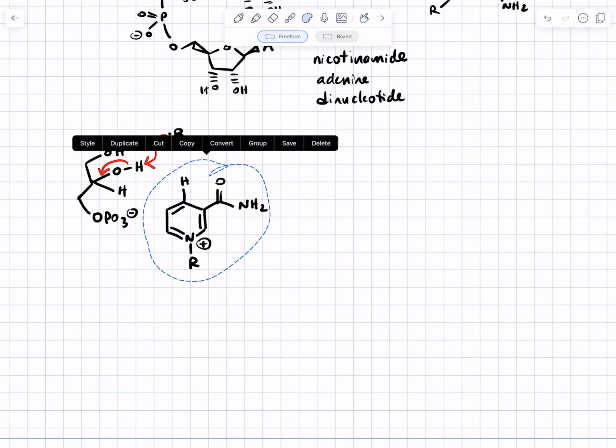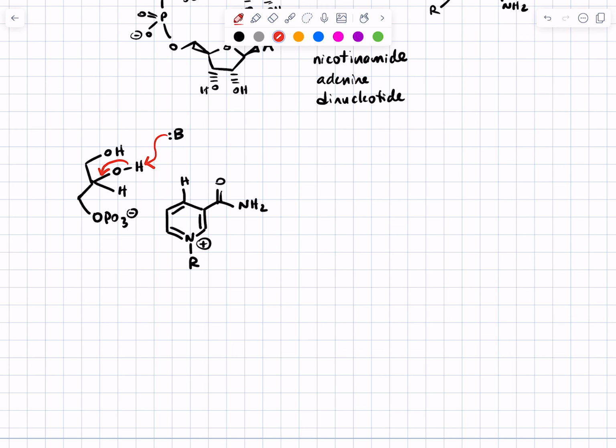It does not shake hands with the water molecule. There's no chance for it to even exist on its own. It's immediately handed off. And so we will show that with the following arrow, as that H- is leaving, it's handed off directly to the electron deficient carbon of NAD+.